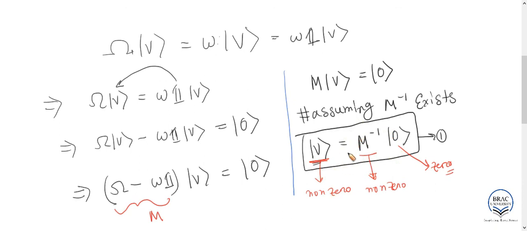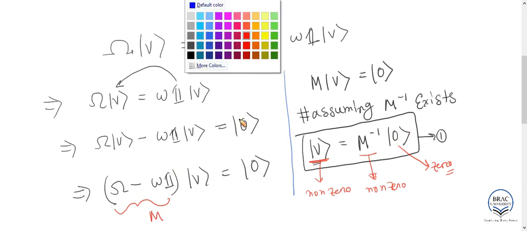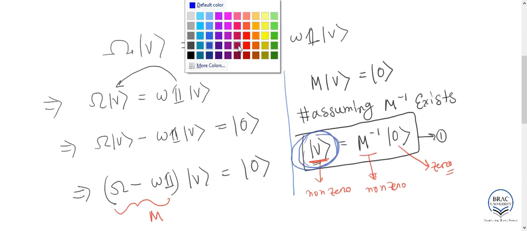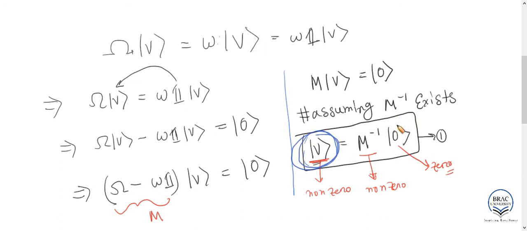That doesn't make any sense, because how can you get this v out of nothing, that is, this 0 vector, with some non-zero operation?